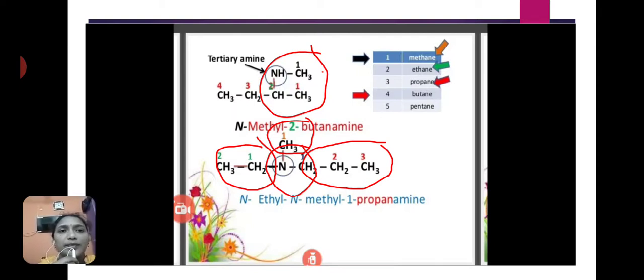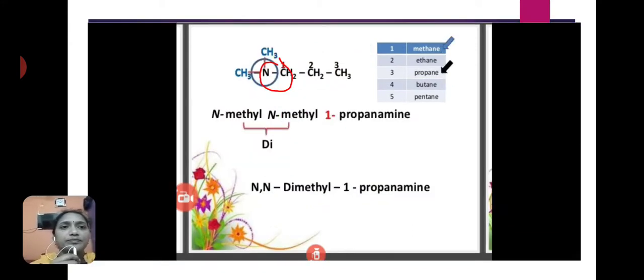The secondary amine is N-methyl-2-butanamine, and the tertiary amine is N-ethyl-N-methyl-1-propanamine. And here also a tertiary amine, N-methyl-N-methyl-1-propanamine, or we can write N,N-dimethyl-1-propanamine.